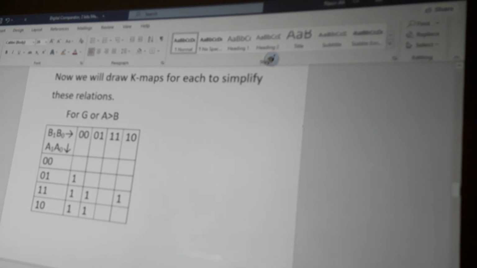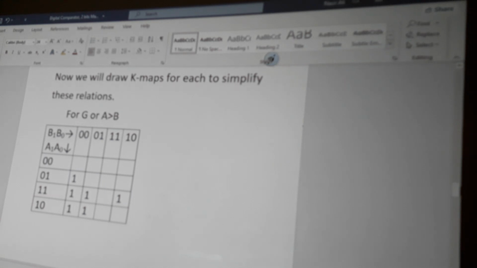In the figure, we have the K-map for G, and we will write 1 in the corresponding square of the min term given in the relation, and then we will look at the adjacent squares.